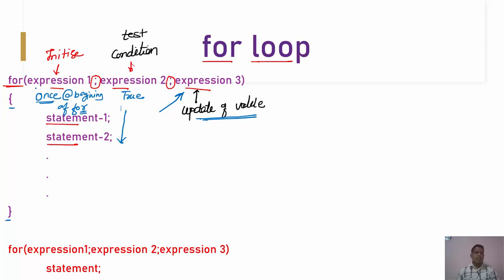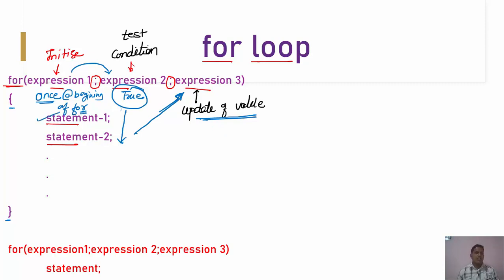Just try to get this. First, expression 1 is executed only once at the beginning of the for loop. After this, it checks the condition. If this expression is true, then this set of statements gets executed, and after completion of this execution, it goes to expression 3 to update the value. So this is one.